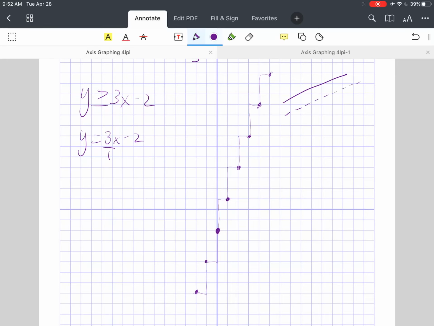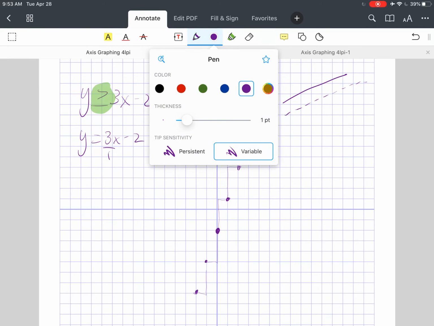This is where you decide, is my line going to be bold or is it going to be dotted? This is the same idea as including the points or not including the points. What you need to check is this right here. You have to ask yourself, does it have an equal sign? Yes or no?